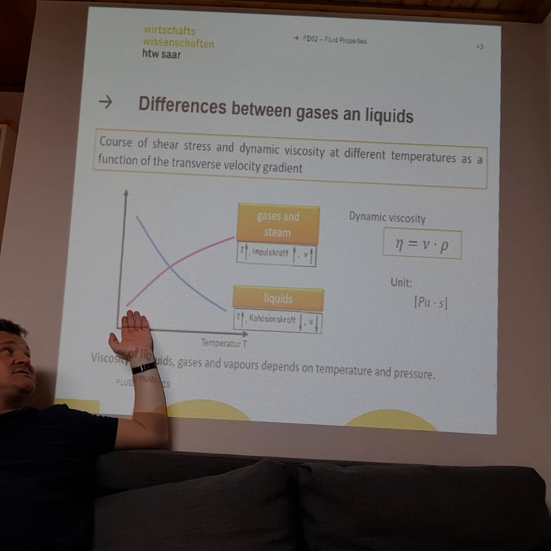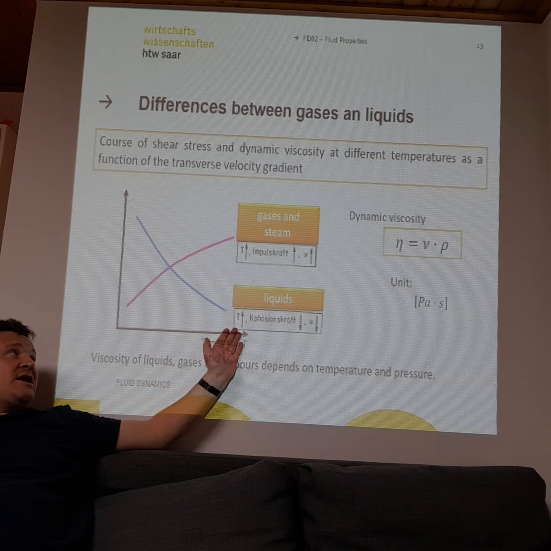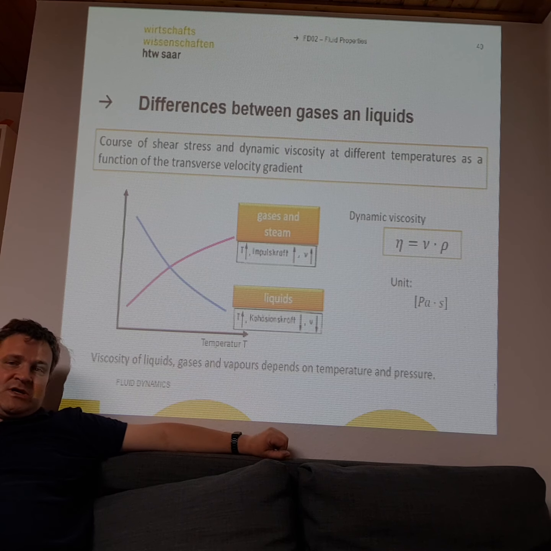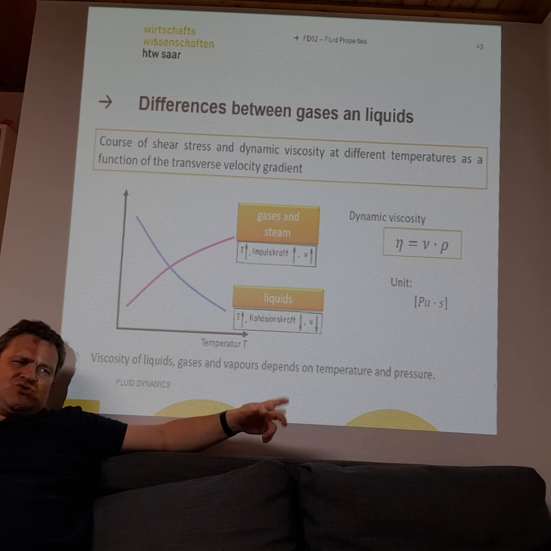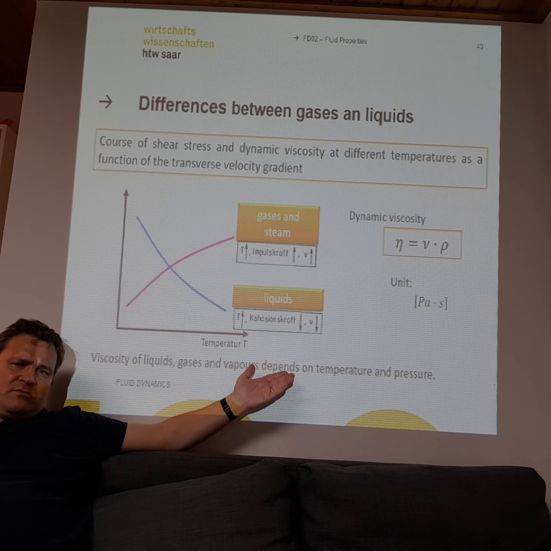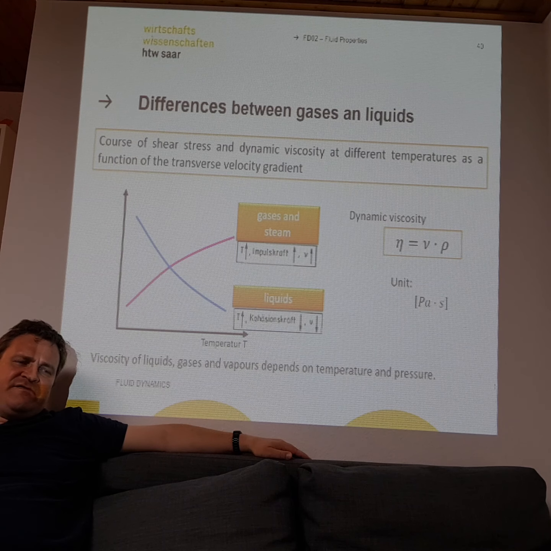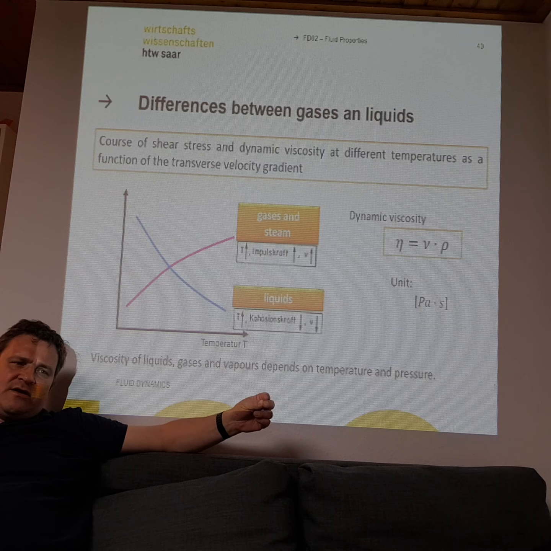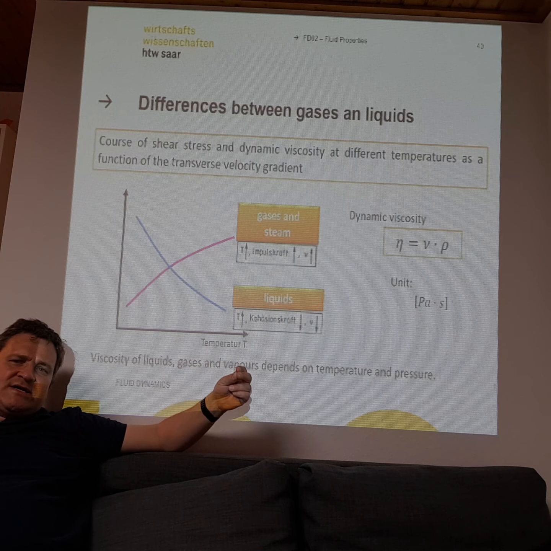If we have gas and we make the temperature higher, the viscosity rises. This is a strange behavior, and maybe you do not really know it from your daily life, but I can give you an example. If you make a fire, the viscosity of the air inside the fire rises.